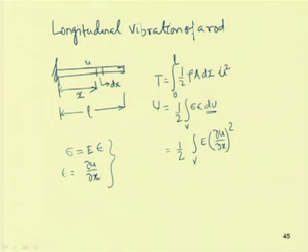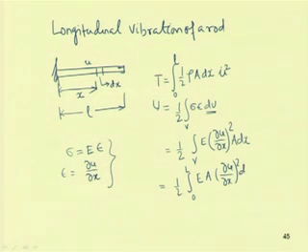So, this dV can be written, if we are considering uniform cross section, dV will be equal to A into dx. So, u can be written as half, integral 0 to L E A del u by del x whole square dx.